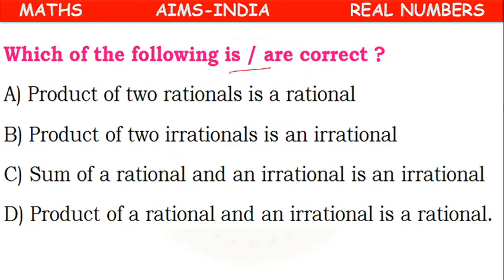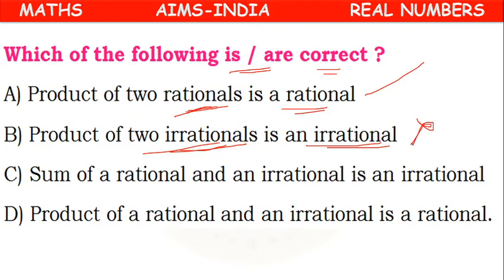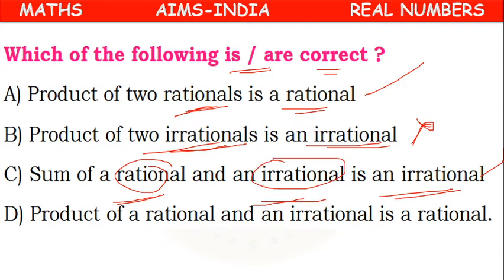Next, which of the following are correct? Product of two rationals is rational. True. Product of two irrationals is irrational. Wrong, because it may or may not be, we cannot guarantee. Sum of rational and irrational is correct, because if we add rational and irrational, compulsorily it will be irrational.